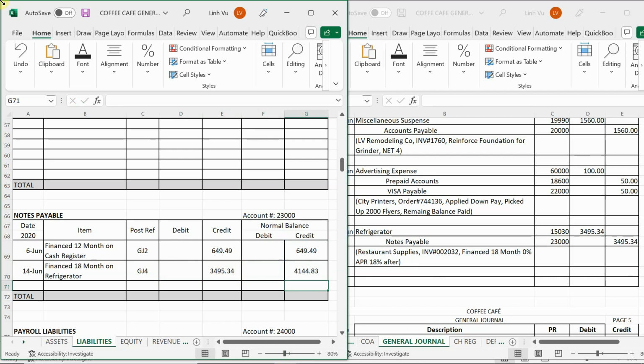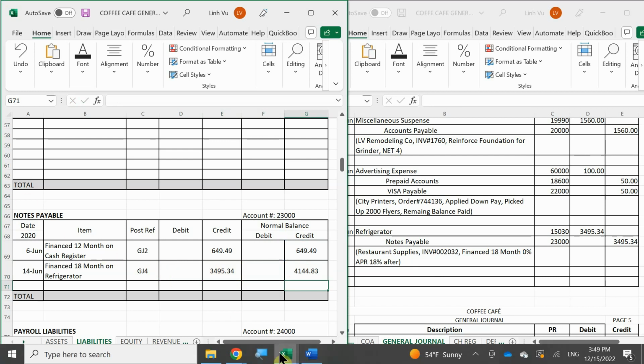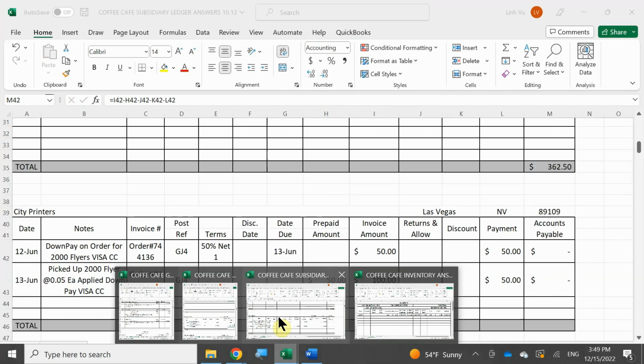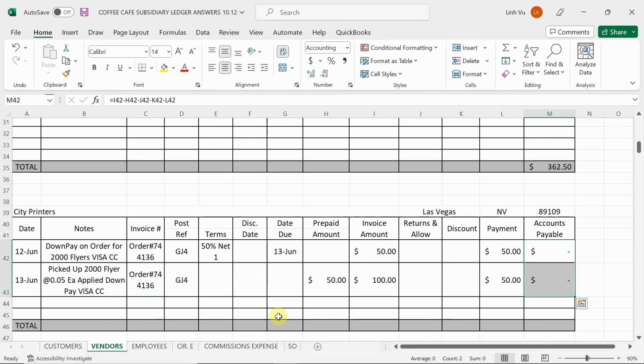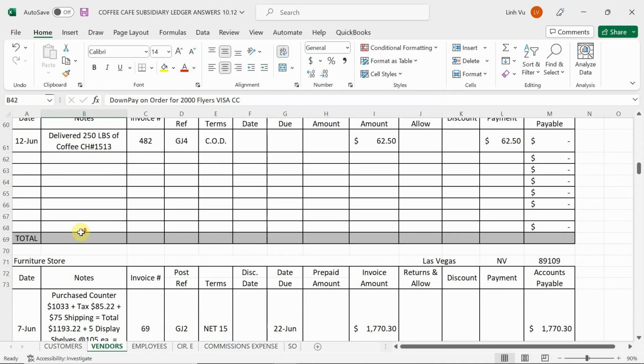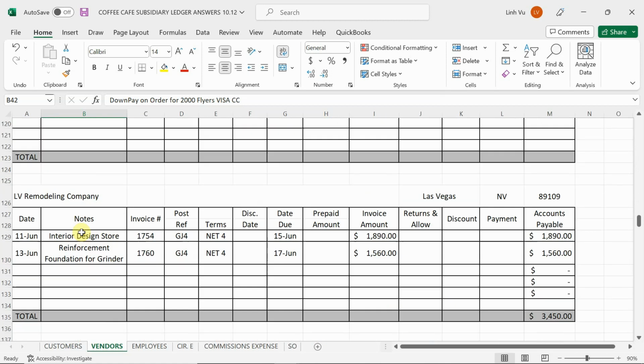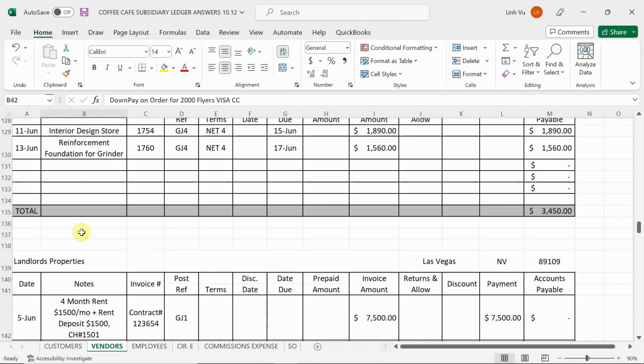All right, so what's next is going to be your subsidiary ledger because now you owe restaurant supplies more money.